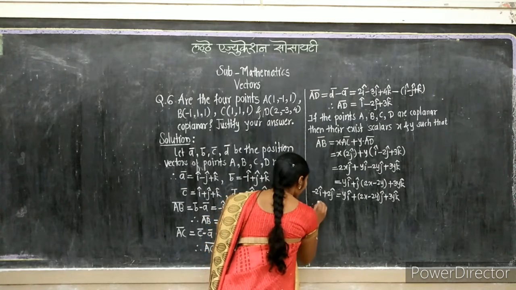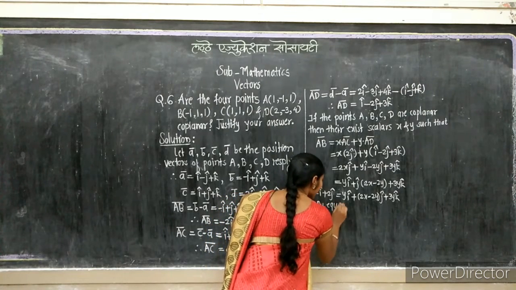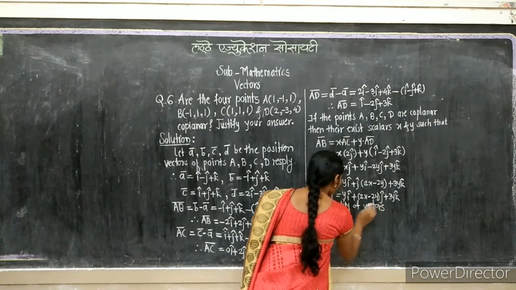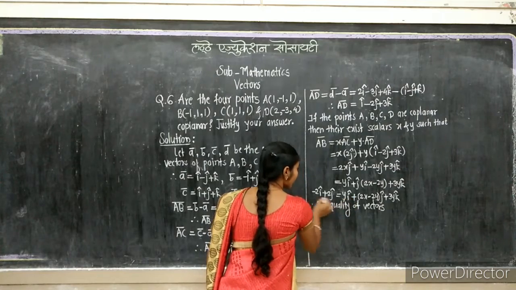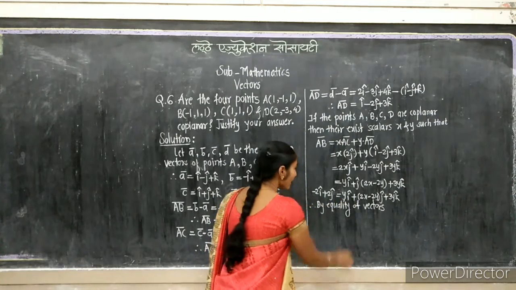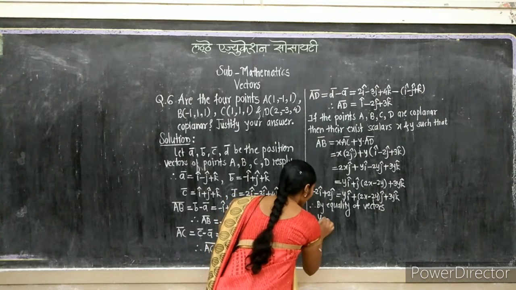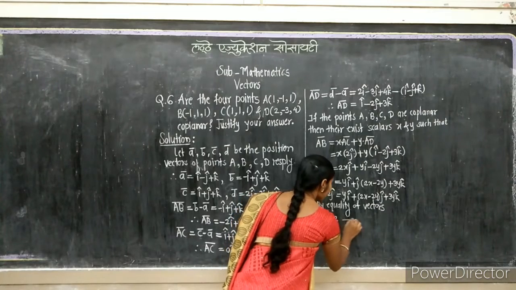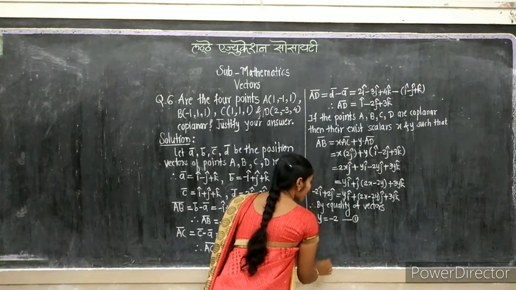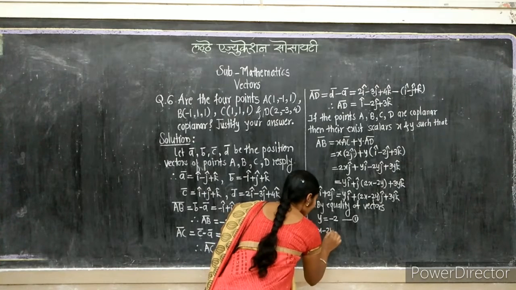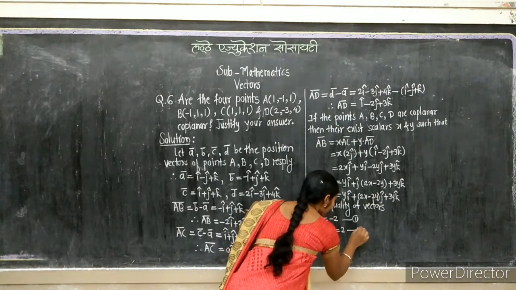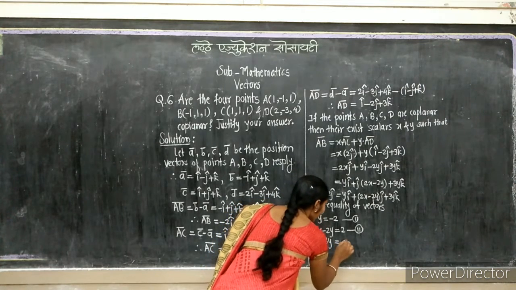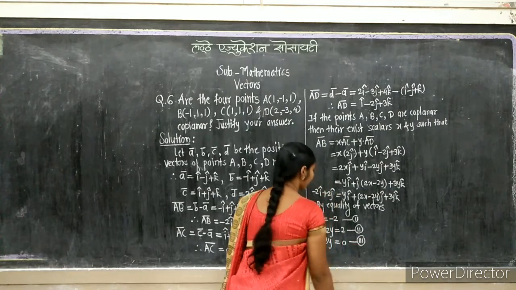Therefore, by equality of vectors, equate the coefficients of i cap, that is y is equal to minus 2. This is equation number 1. Coefficient of j cap: 2x minus 2y is equal to 2, equation number 2, and 3y is equal to 0, equation number 3.